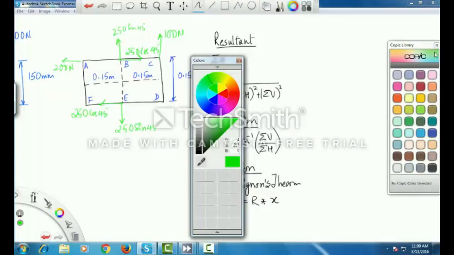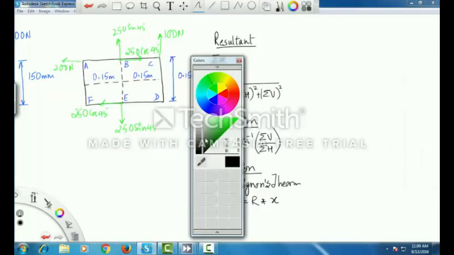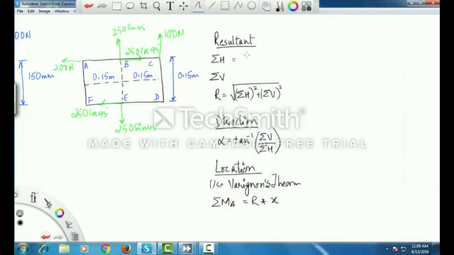Now, the first thing is to find the resultant. All of us know how to find the resultant. All the horizontal forces: 200 plus 250 cos 45, and then minus 250 cos 45.